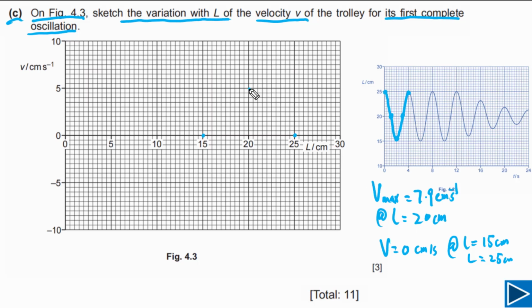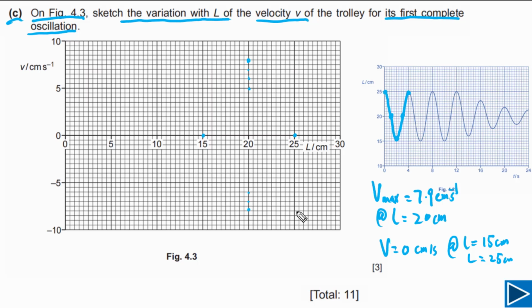So this point is 5 here, this one will be 6, this will be 7, so here will be 7.9 about at this point. So we can also find V when it is maximum here. This will be 6, here is 7, here is 8, so 7.9 about here.